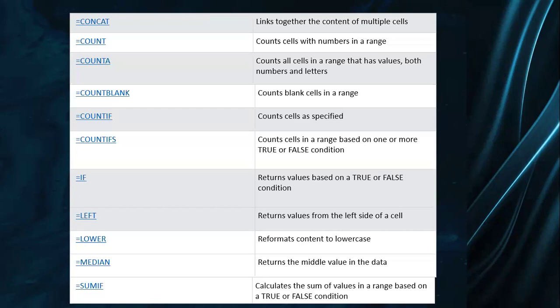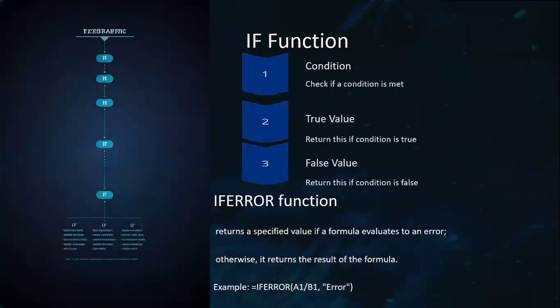And we have some text functions, like how we can get characters from the left, how we can get characters from the right. We can convert to lowercase and uppercase using different text functions, right? And we have the median and sum functions. So different functions are there.